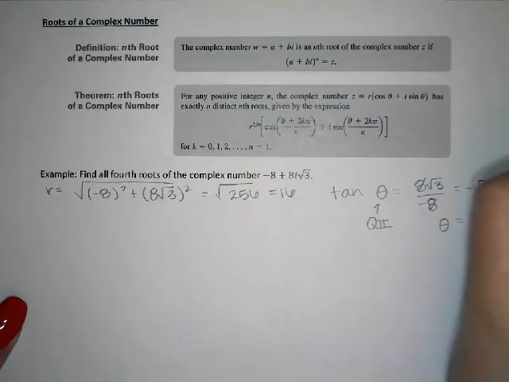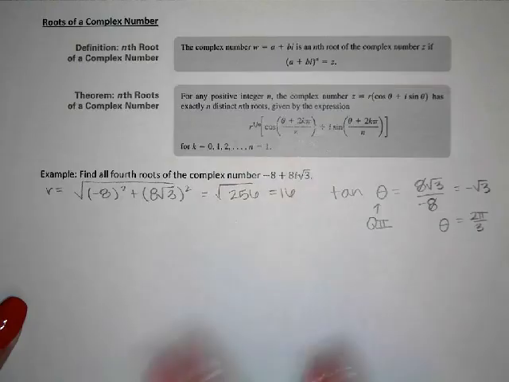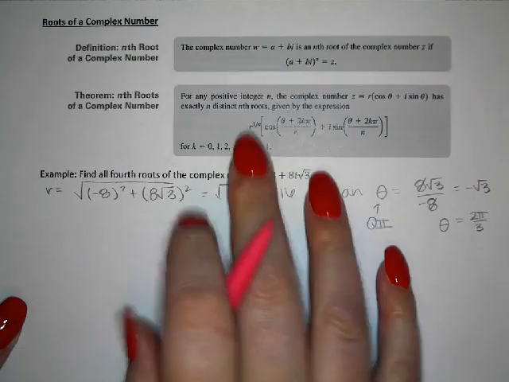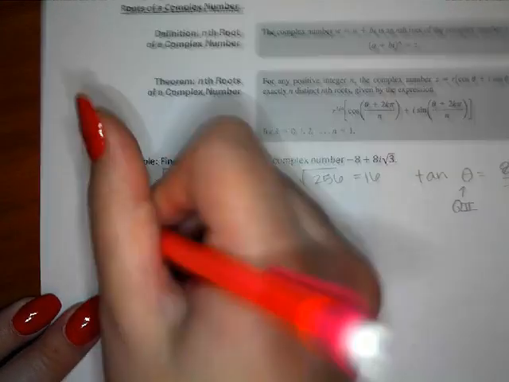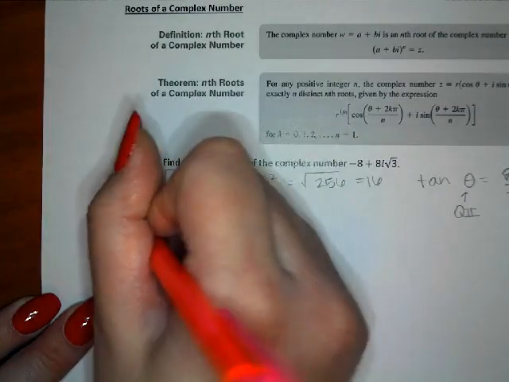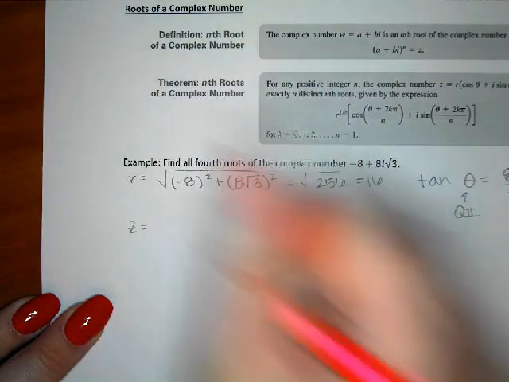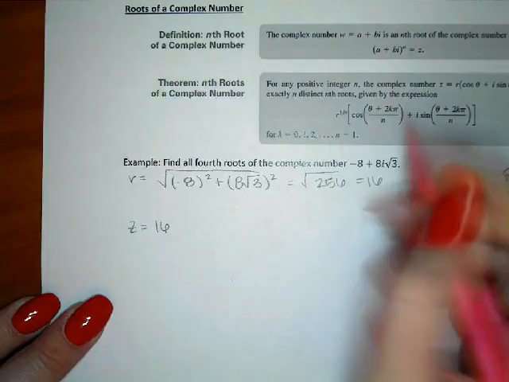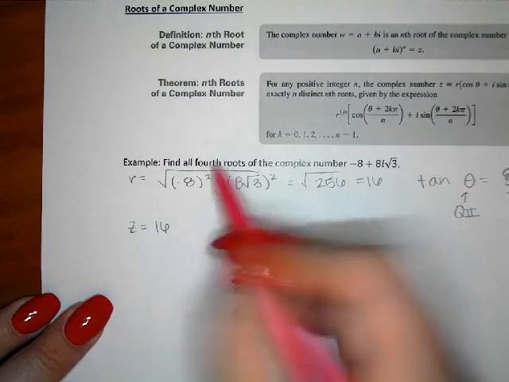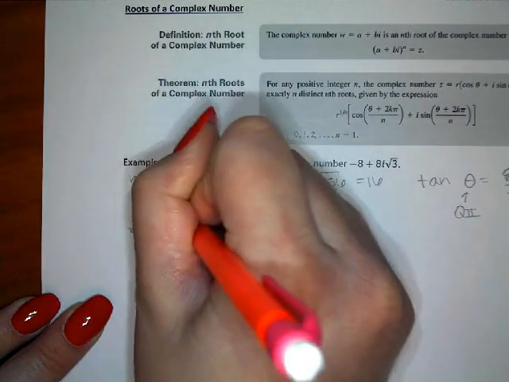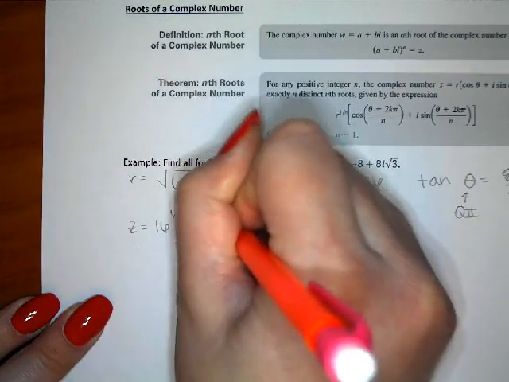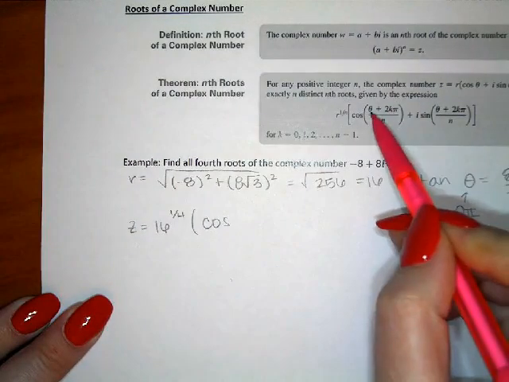Okay, so I'm going to go ahead and start plugging the numbers into this formula here. The complex number is 16, and the root that we're trying to find is the fourth root, so 16 to the 1/4 times cos of 2 pi thirds plus 2 pi k.